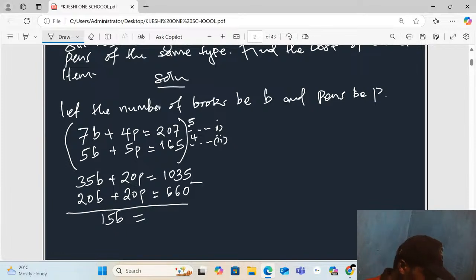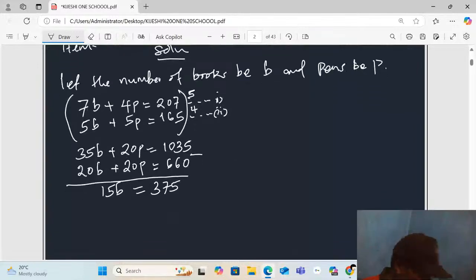And then this one will give us 1035 minus 660. We are going to get 375. So we find the value of B by dividing both sides by 15.